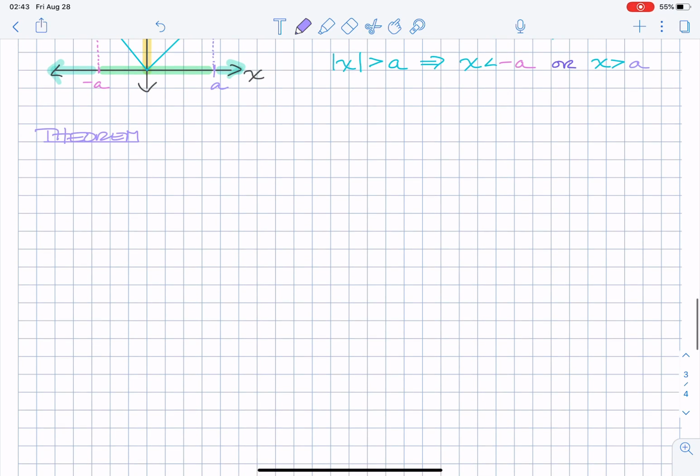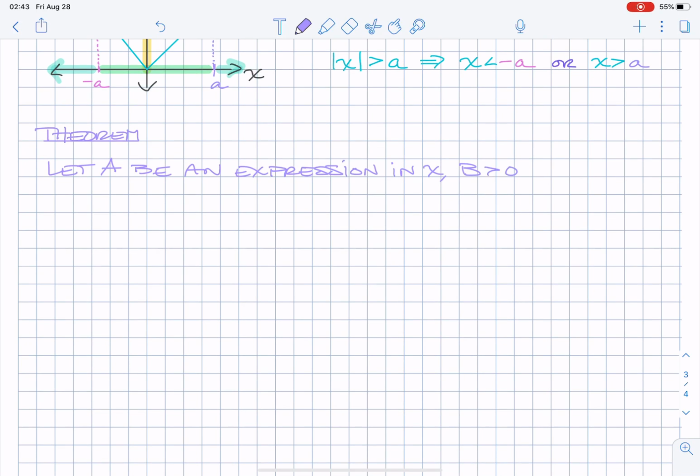Okay, so let's let a be an expression in x, and b be a positive real number. So notice what I say versus what I write. b greater than 0 is an element of the real numbers. That's how we say in math, b is a positive real number.